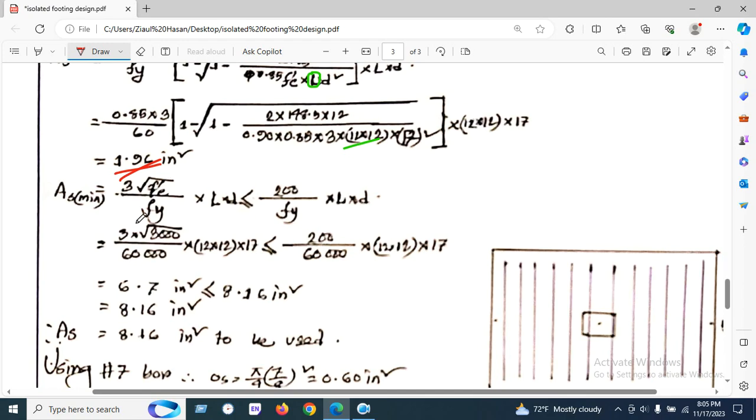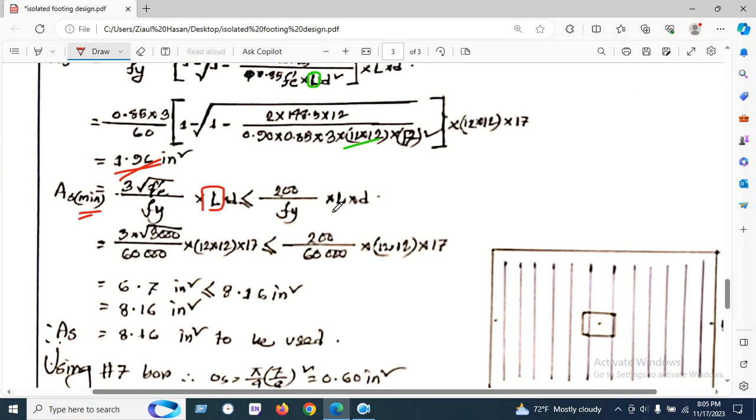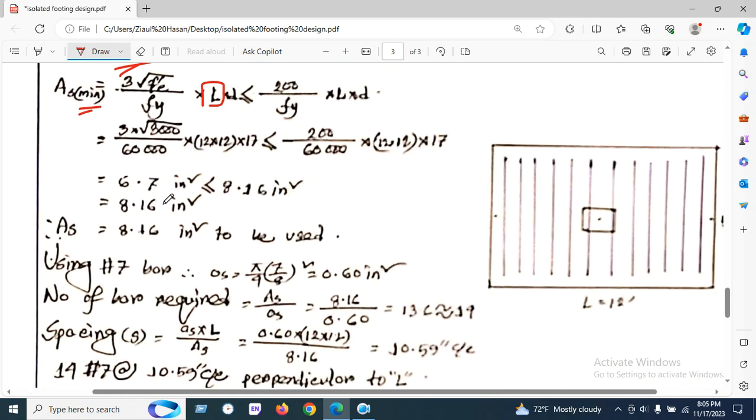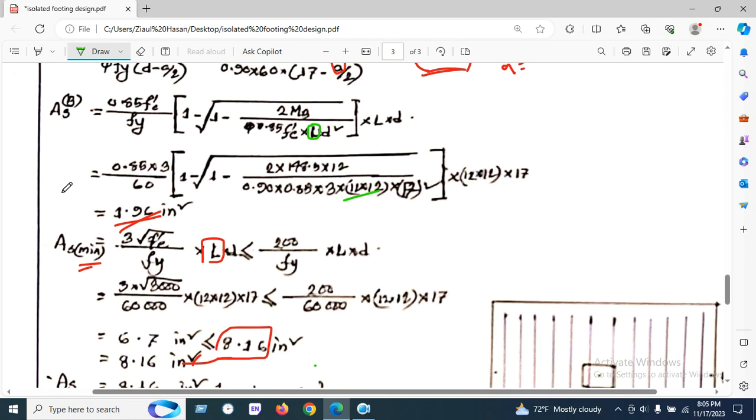And in the same way we have used minimum reinforcement. Here we have used L, as we are calculating the B direction. Sorry, so that is why we use L, f'c, L and d, and we found 6.16 inch square. So we have taken these values. Now we will summarize that.